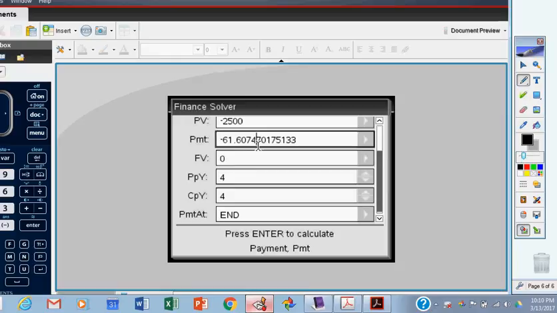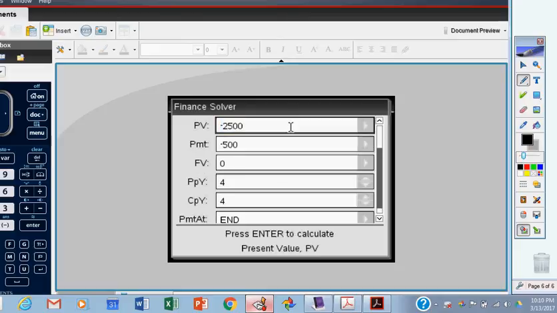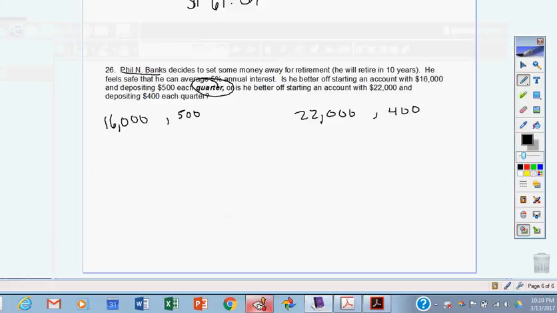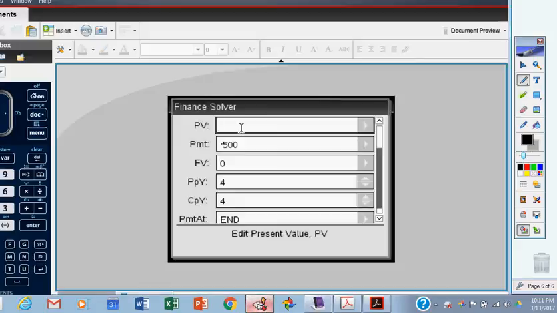The payment that we're putting away for this first one is 500, so negative 500. And I don't remember, 16,000 and a $500 payment. So present value would be negative 16,000, putting away 500.